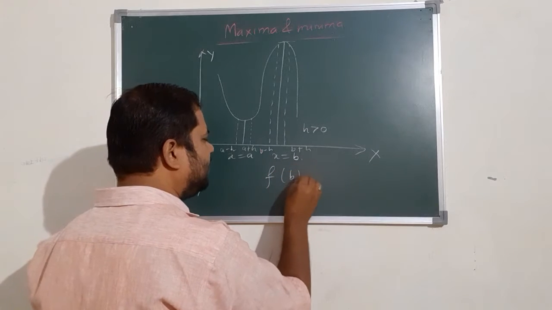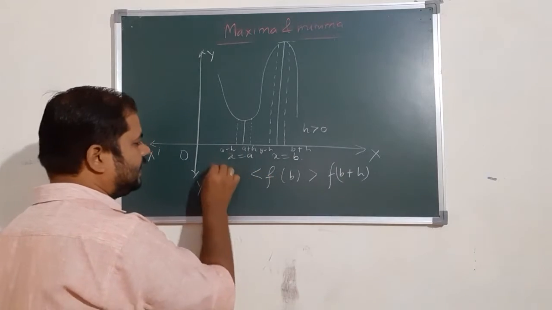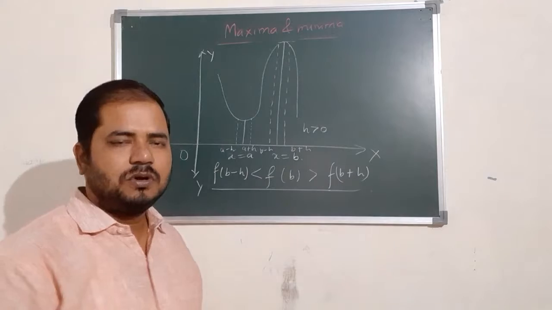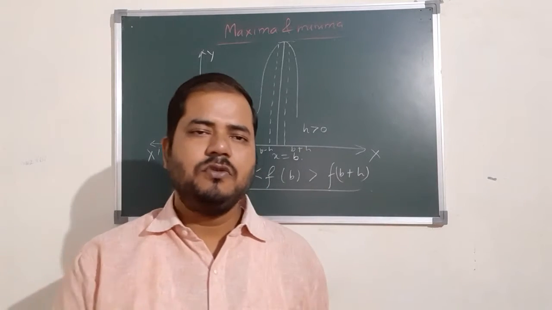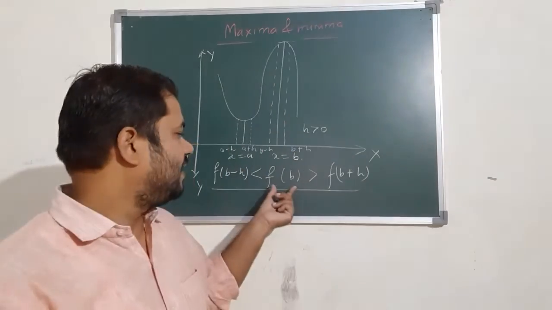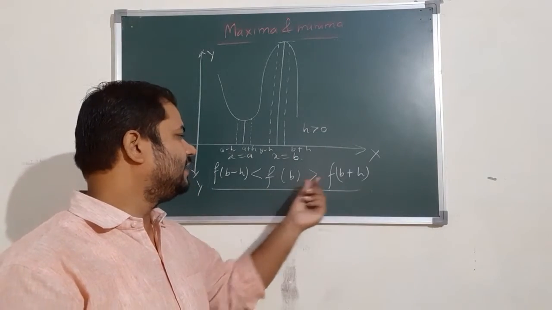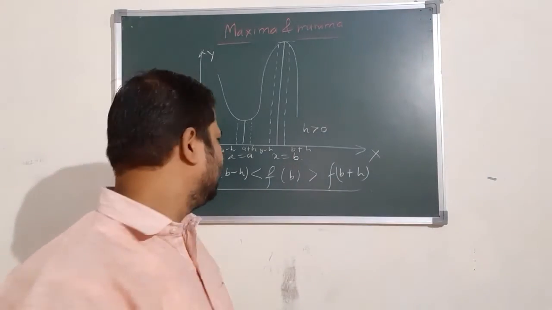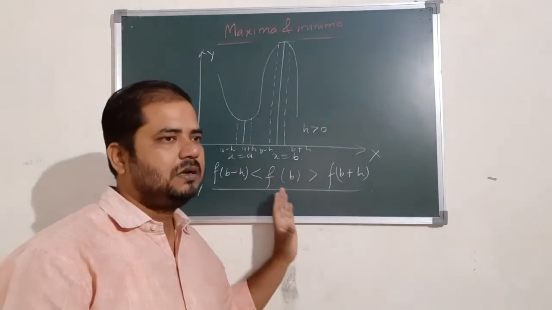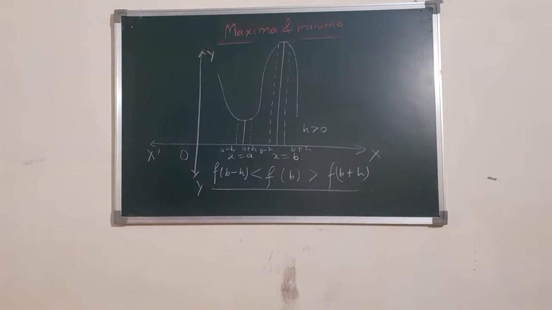So f(b) is greater than f(b plus h) and greater than f(b minus h). So this f(b) is known as the maximum value of the function at x equals b. That means in a small neighborhood f(b) is greater than f(b plus h) and f(b minus h).